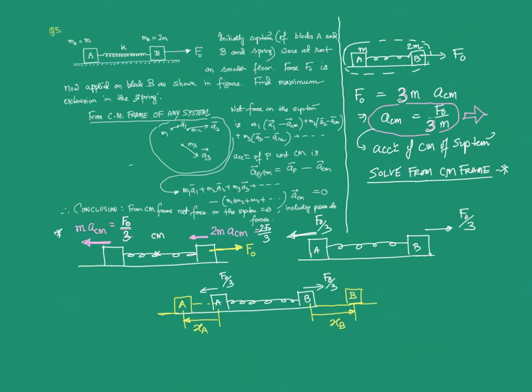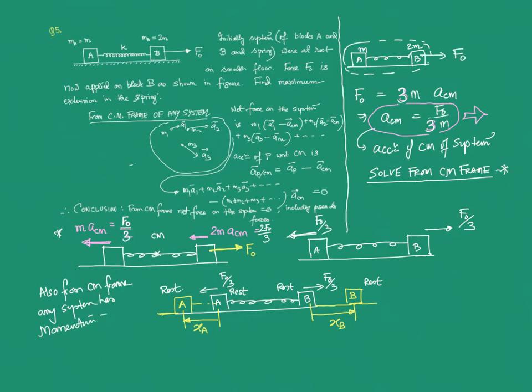So now we can apply the work energy theorem here. It starts from rest, and as it is the maximum length, both will end up at rest from the CM frame, because from the CM frame any system has momentum 0, right?